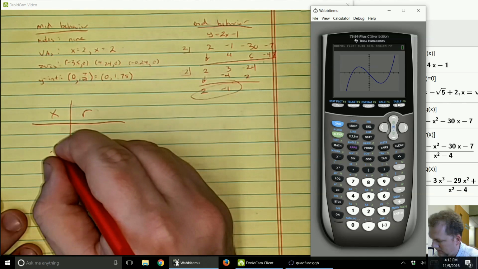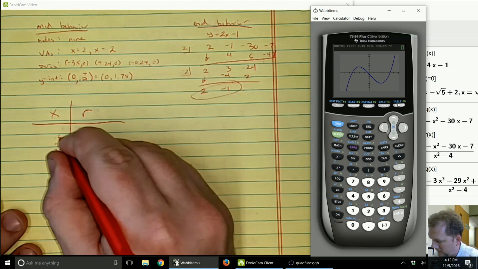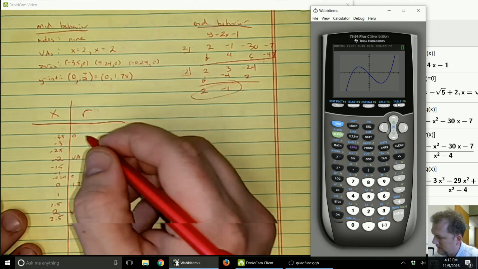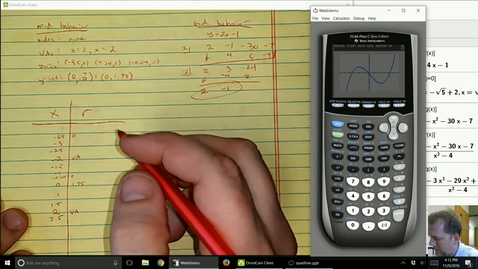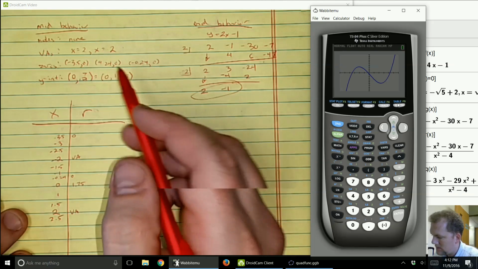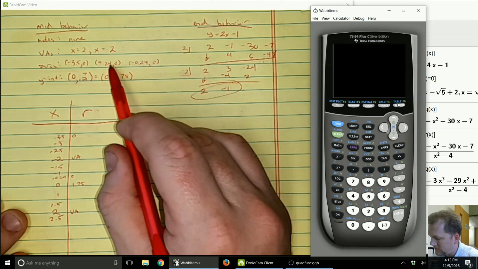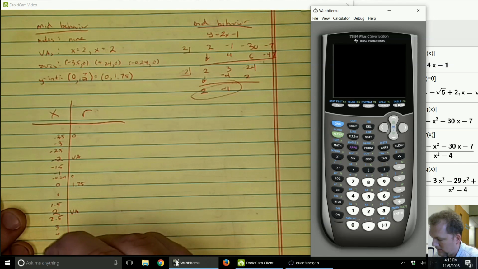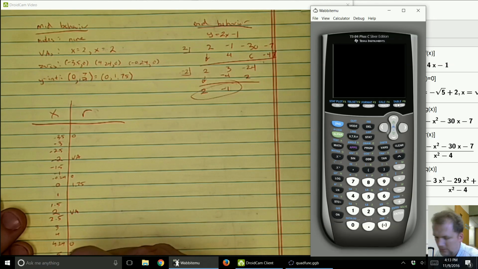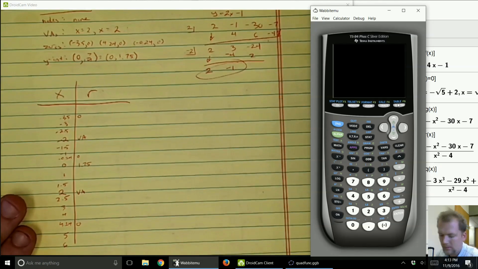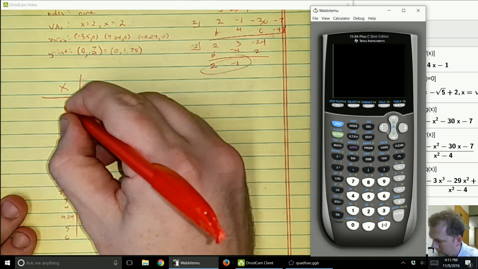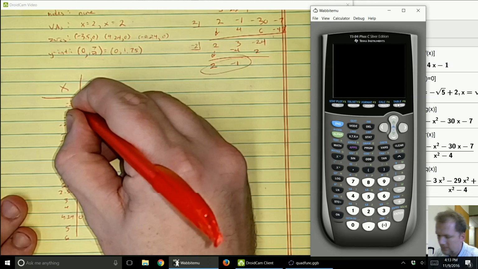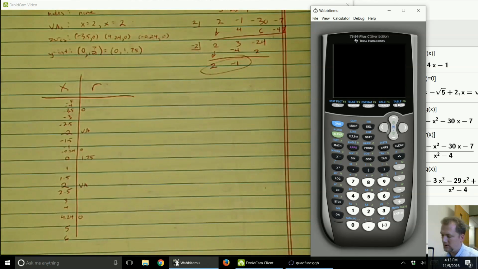So let's do negative 3 and negative 3.5. Then this 4.24 shows up. So I'm going to do 3, 4, 4.24, and then an end behavior. A little end behavior would be a good idea. And then maybe negative 4 and negative 5. That should give us a pretty good table.